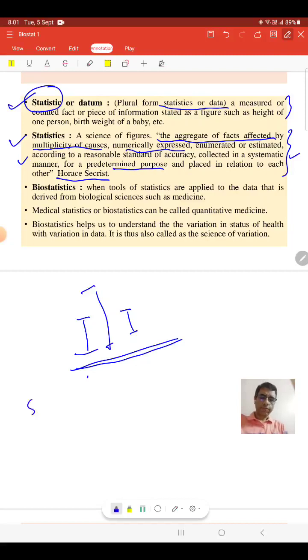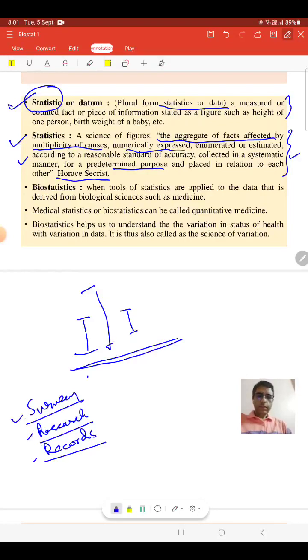We may do a survey, a research study, or maintenance of records. These are usually the purposes of collecting data, and it is placed in relation to each other. See how important everything is placed in relation to each other.